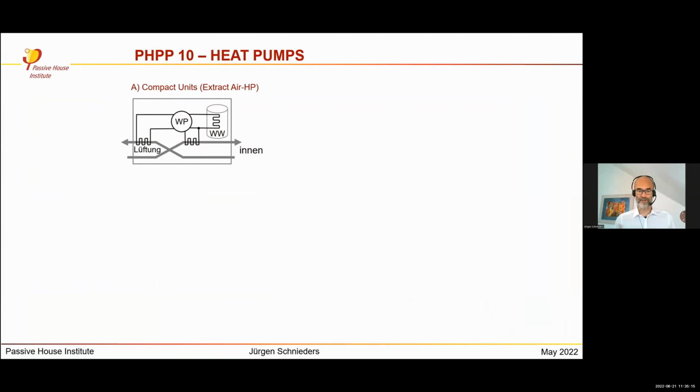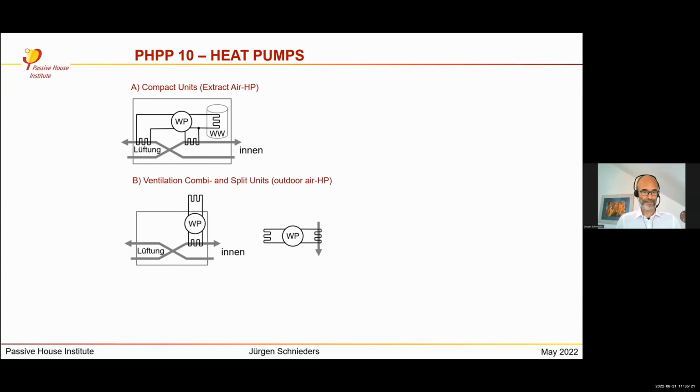But there are lots of other combinations and systems already on the market or emerging. So there's also the heat pump worksheet, which is just calculating heat pumps without any additional surroundings.